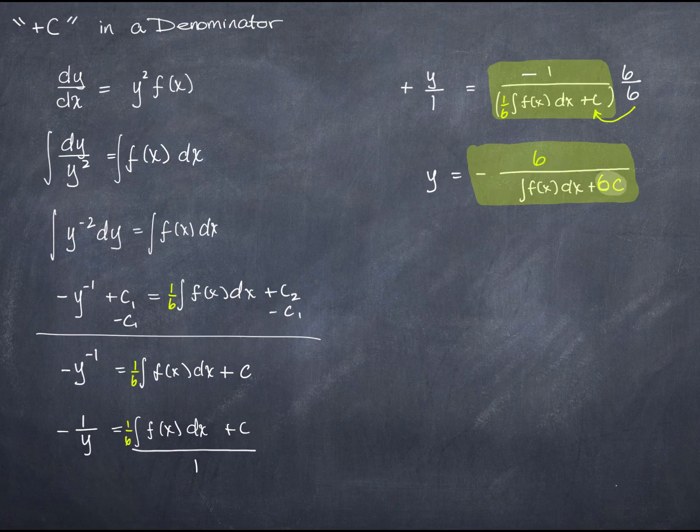It could be any number, but it was 6 in this example because I chose 1/6 to illustrate my point. So I can either leave my answer like this with a 1/6 in the denominator and leave the c as it is, still in the denominator, not hanging out off to the side, but without a 6 next to it. Or if I multiply by 6 over 6, my answer would look like this. So your answer needs to be in one of those two forms.